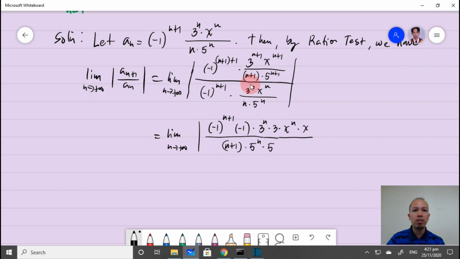So factor out, and then in the denominator we have n times 5 to the n. The denominator here becomes the numerator. We have negative 1 to the n plus 1 times 3 to the n times x to the n.